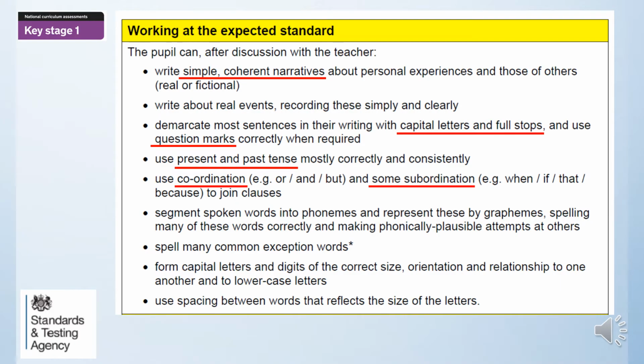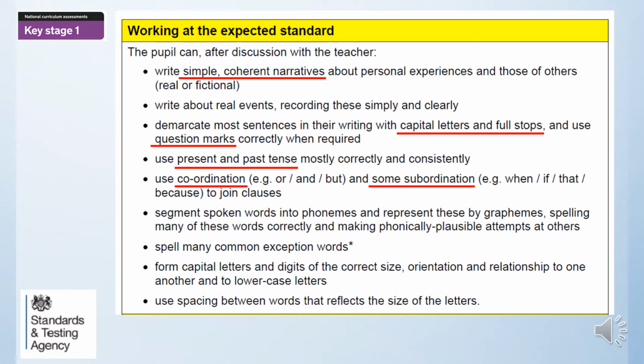So here are those requirements for the end of Key Stage 1, the end of year 2. And you can see it contains a lot of grammatical features in order to reach the expected standard. So we need simple coherent narratives, capital letters and full stops, question marks, tense, coordination, and subordination.